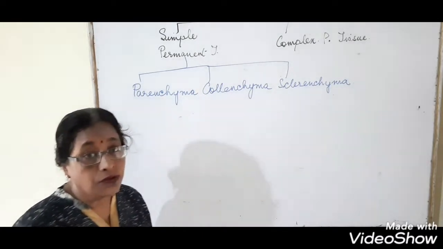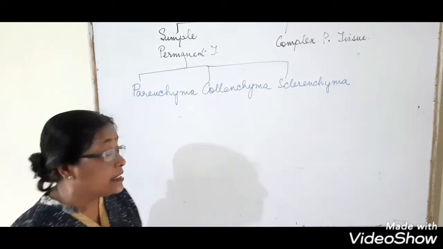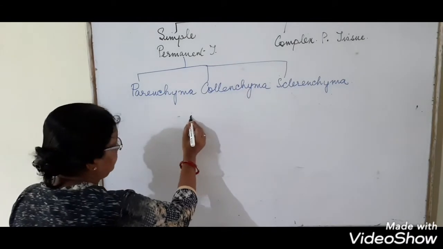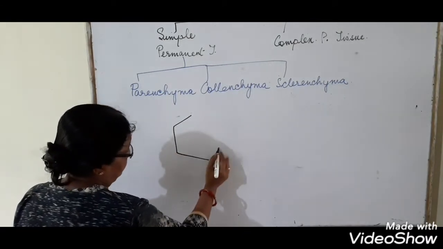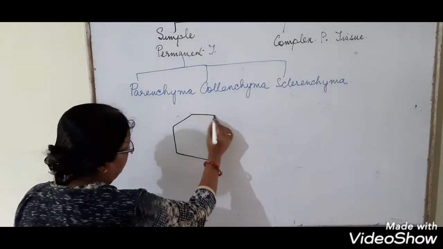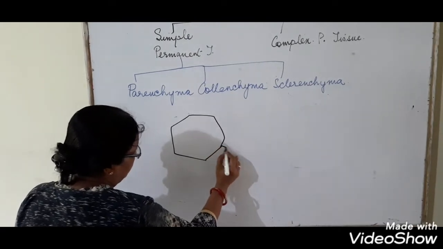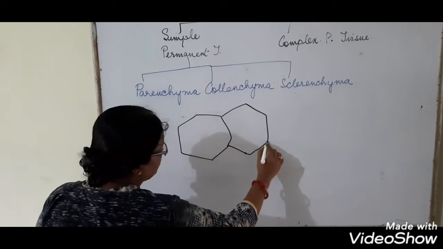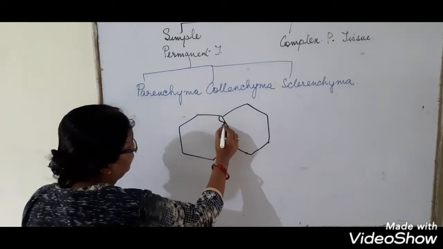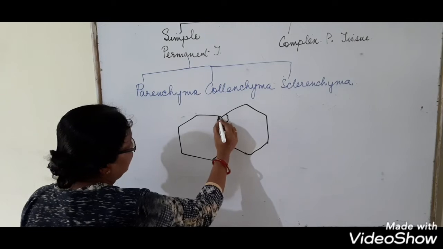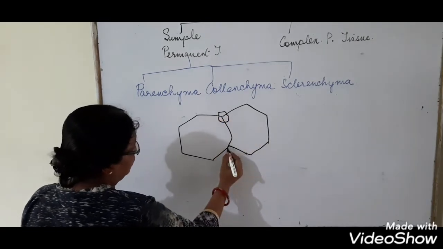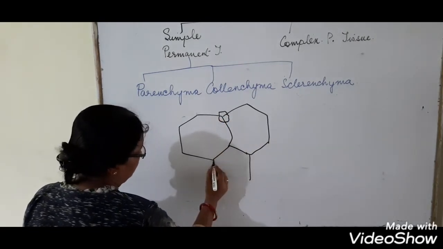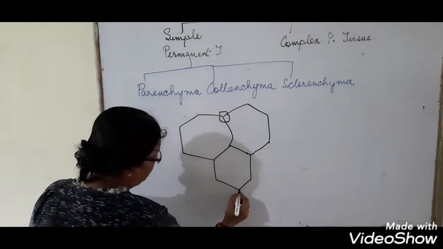Now let us see the structure of the collenchyma cells. The collenchyma cells have got the thickenings. You see the cell walls, they have got thickenings at the corner.